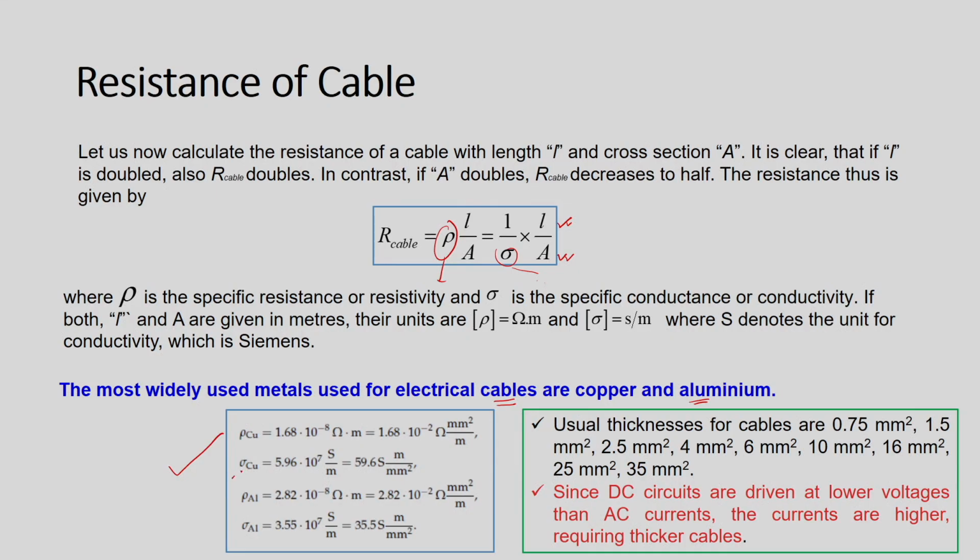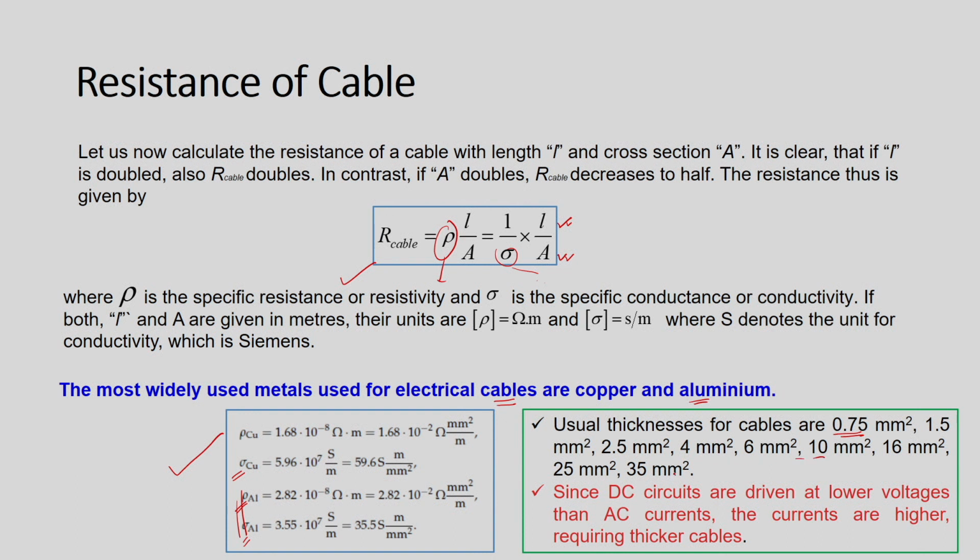You can see the values for copper for conductivity as well as resistivity, and the conductivity for aluminum, because most of the time these values are used for calculation of the resistance of a cable. The usual cross-sections for cables are about 0.75 square millimeter, 1.5 square millimeter, 2.5 square millimeters, and so on.